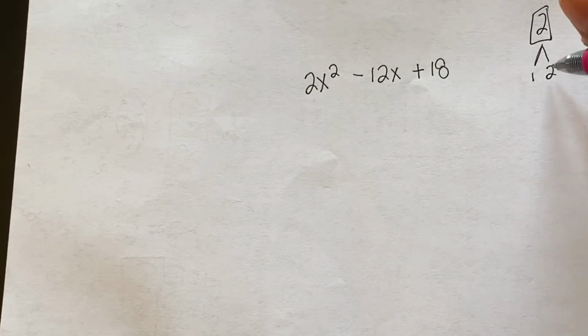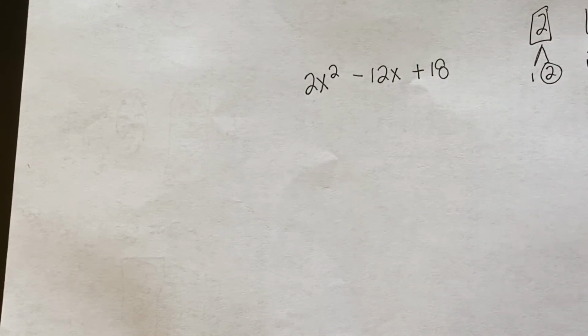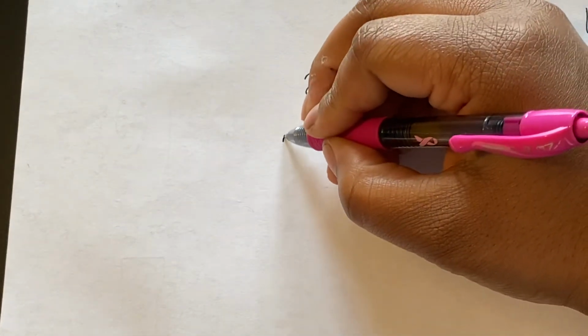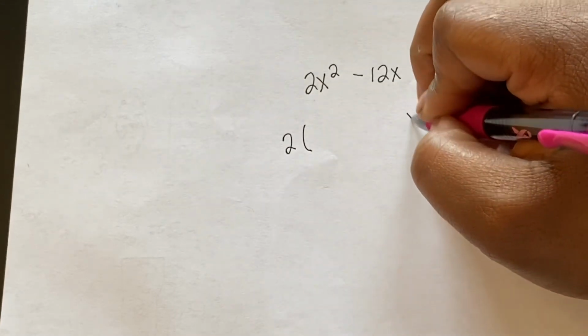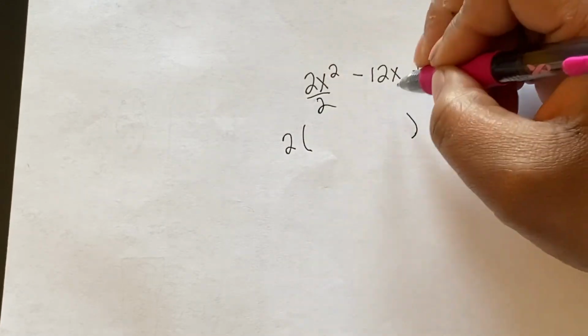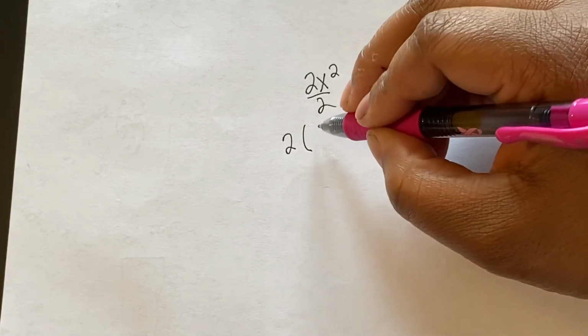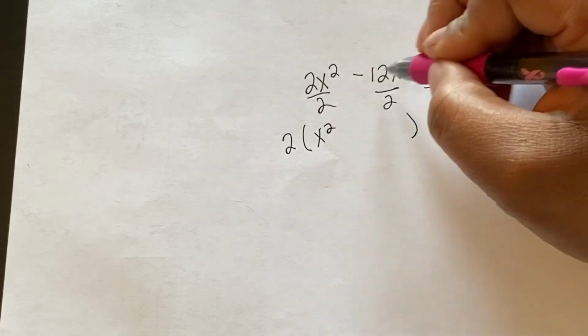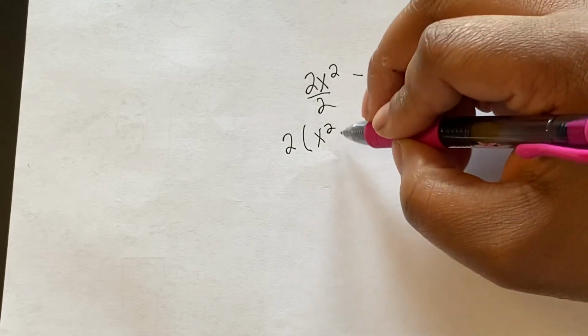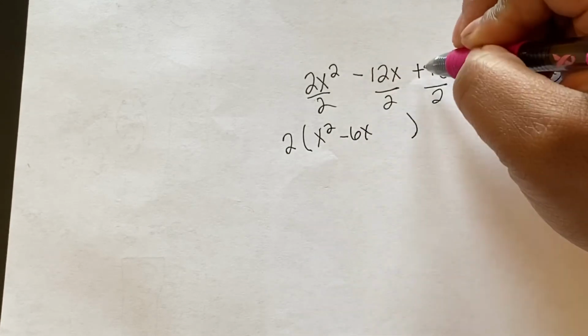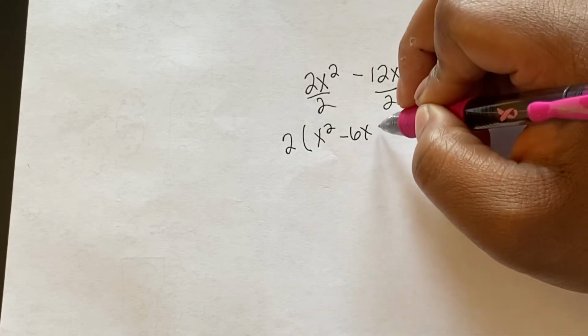As you can see here, the largest number they have in common is 2. So 2 is going to be the GCF. Going to put that outside of parentheses and divide everything by 2. 2x squared divided by 2 is x squared. Negative 12x divided by 2 is negative 6x. 18 divided by 2 is positive 9.